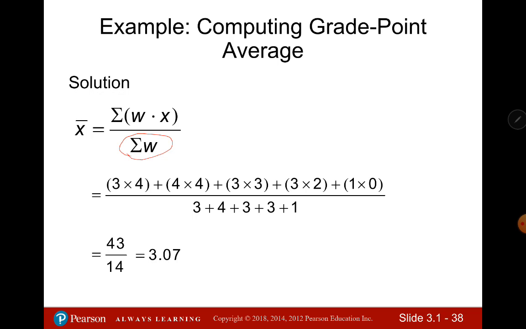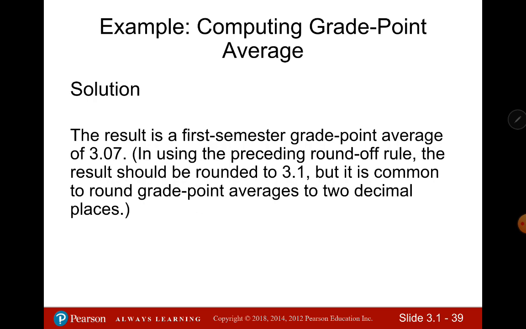Different x values have different weights. If we use the round-off rule, the original data are whole numbers, because we transfer A as 4 points, B as 3 points, but here we still keep 2 decimal places.